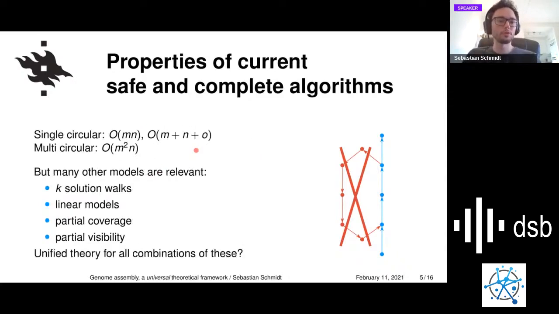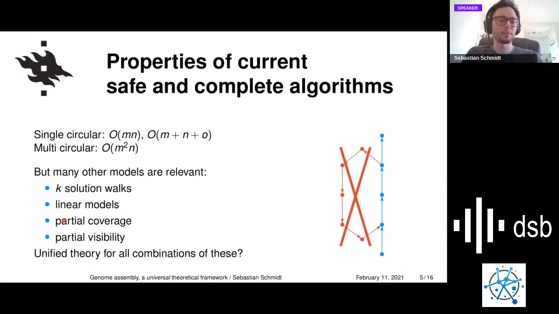Now we also want to, as I motivated in the beginning, solve more advanced models. For example, if we know that we have two copies for each chromosome, we want to have maybe a fixed number of solution walks. We might want to model linear genomes. Most vertebrate species have linear genomes.